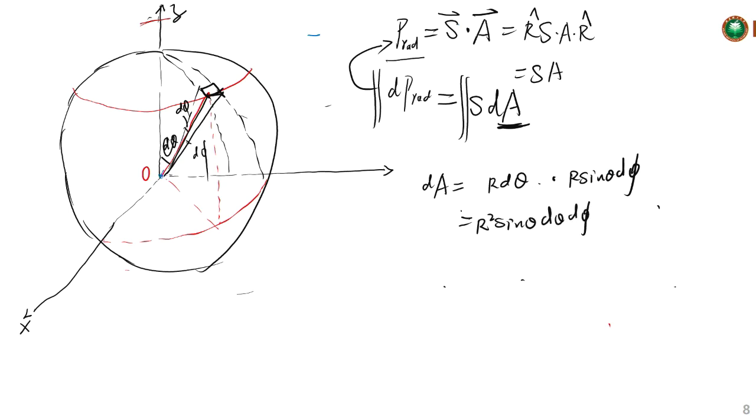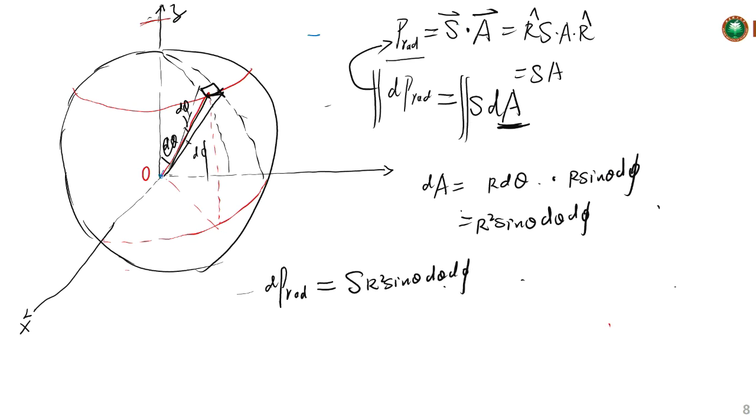So the radiated power can be expressed as S times r squared sin theta d theta d phi.